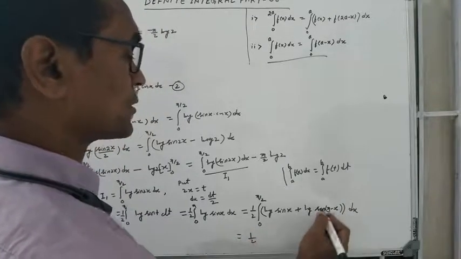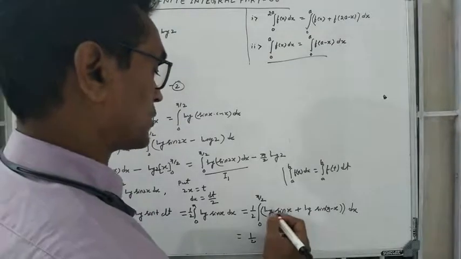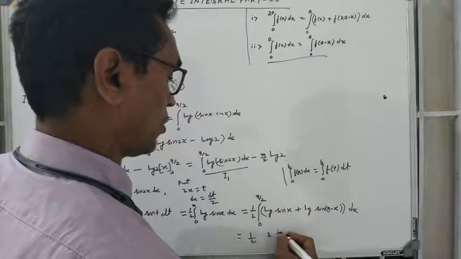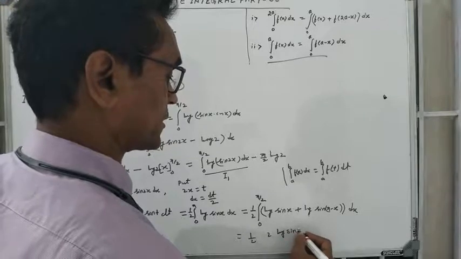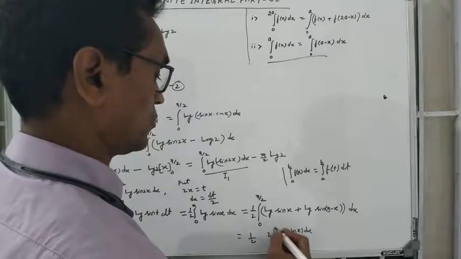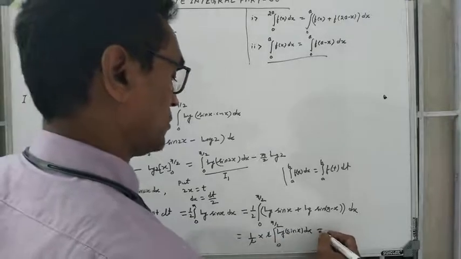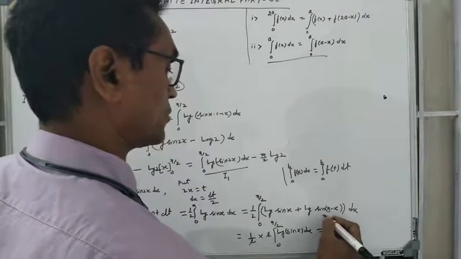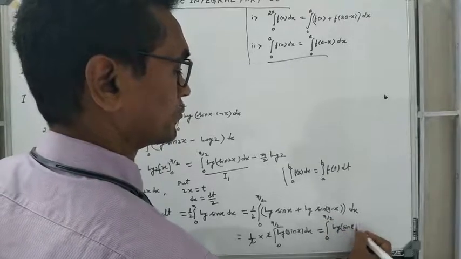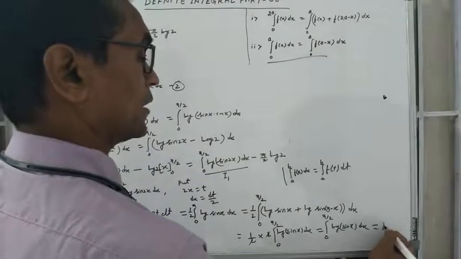Now sin of pi minus x equals sin x. So log sin x plus log sin x, so twice log sin x dx from 0 to pi by 2. This 2 will cancel. So this is equal to the integral from 0 to pi by 2 of log of sin x dx, and this is the original function. You can say I.